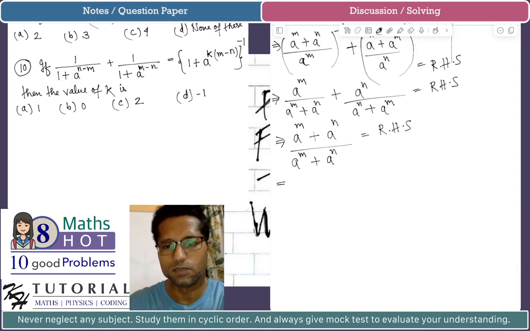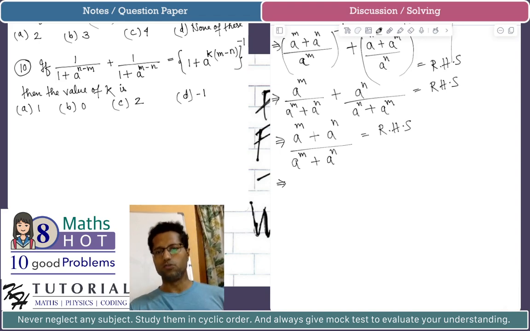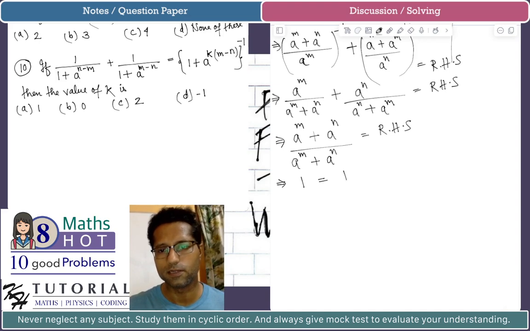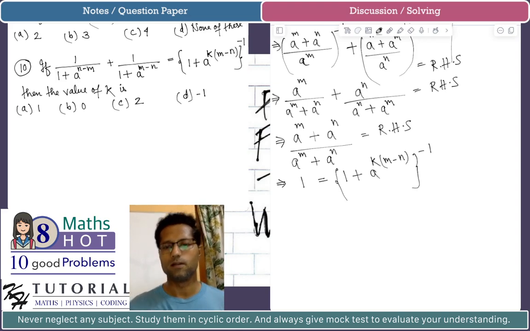So this implies on the left hand side the numerator and the denominator are the same. So this will be 1, equal to whatever we have on the right hand side, that is 1 plus a to the power k multiplied by m minus 1, and this whole raised to the power minus 1.